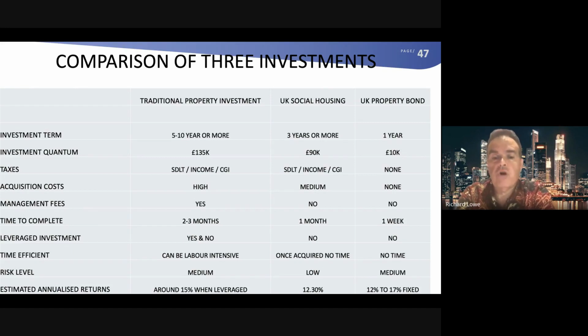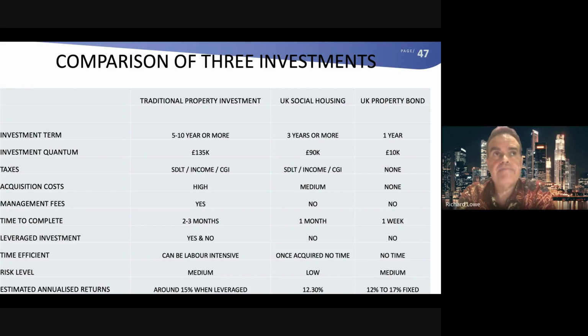Once you've acquired the property and appointed a property management company, they should be taking care of most of it, but you are going to have repair and maintenance issues. You're going to have renewals of tenants, and dare I say, if you are unfortunate to get a bad tenant who doesn't pay you the rent, it can take up to 6 months to evict somebody.